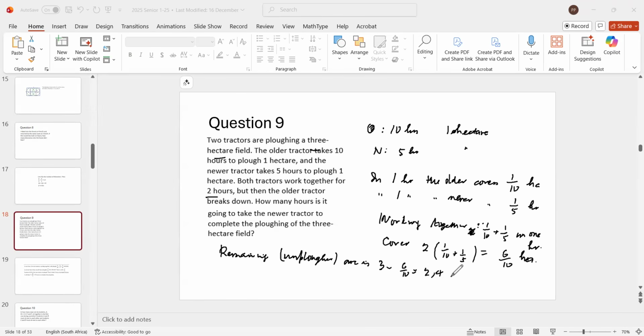So you've got this amount of hectares. Now the old tractor broke down, so it's all left for the new tractor to finish the job.